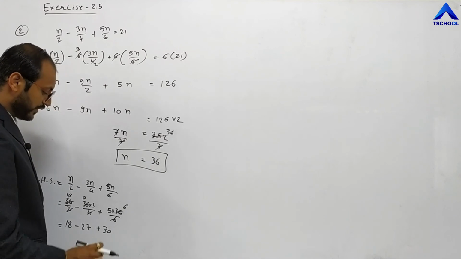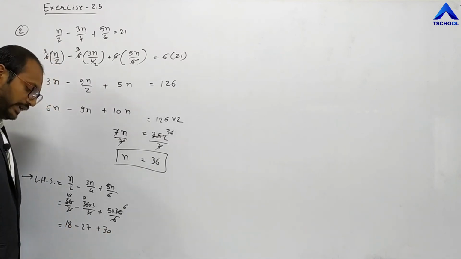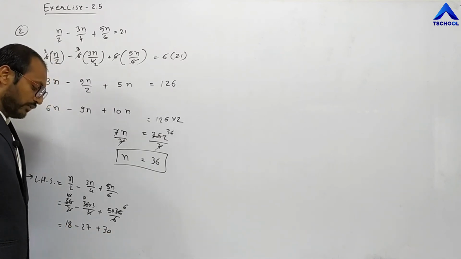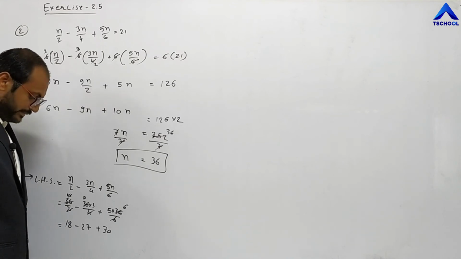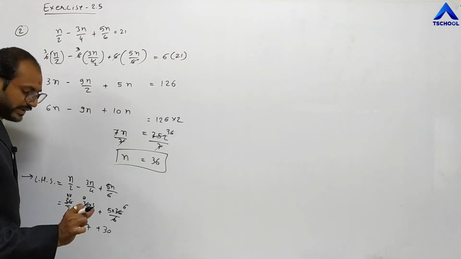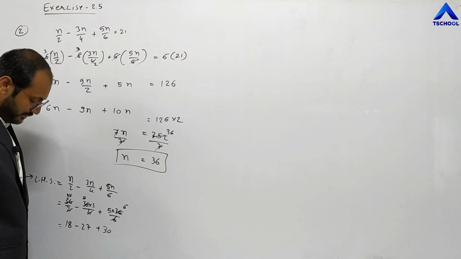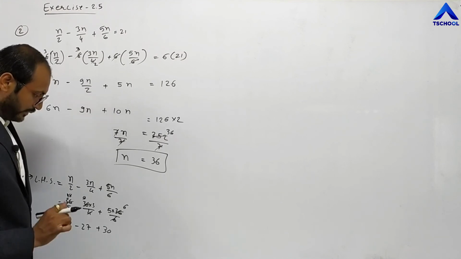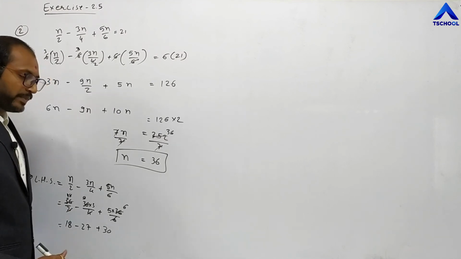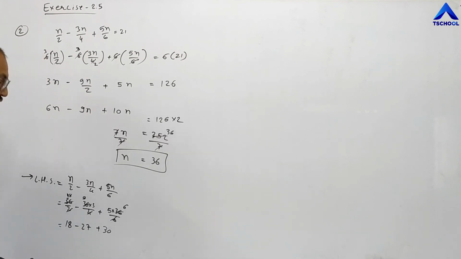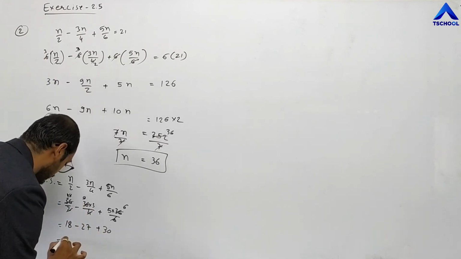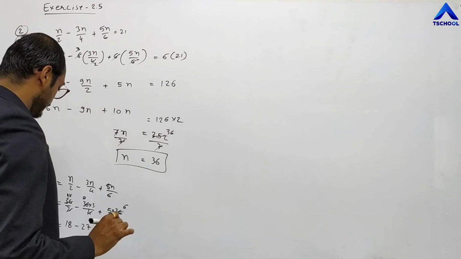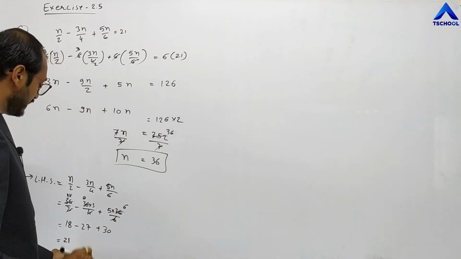Now the simplification: 18 plus 30 is 48, minus 27 is 21. So the answer is 21. This simplification of all things is 21.